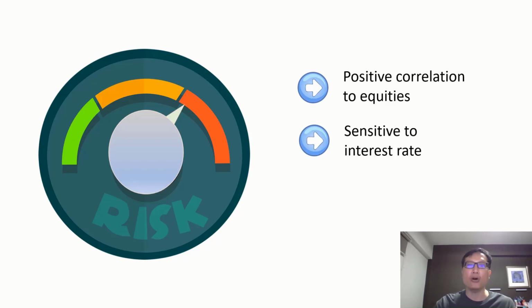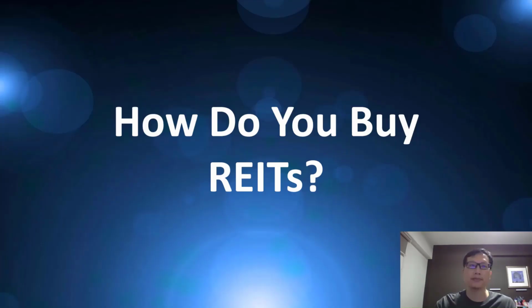So when interest rates go up, the REIT's fixed income becomes less attractive in comparison. Therefore, REIT prices tend to go down when interest rates go up. And a REIT is only as good as the manager responsible for the REIT. So if the manager's interest is not aligned with the investor, things can go wrong quickly.